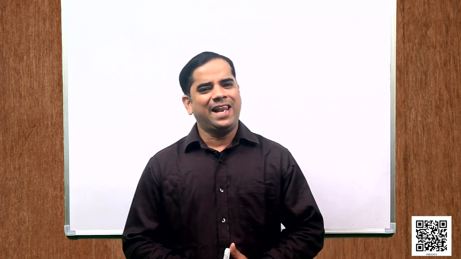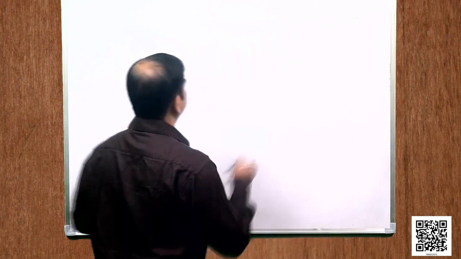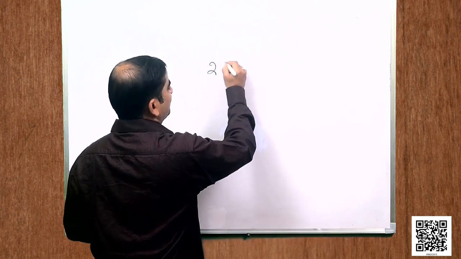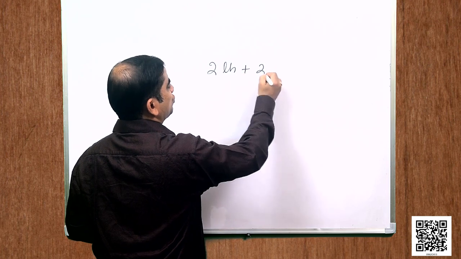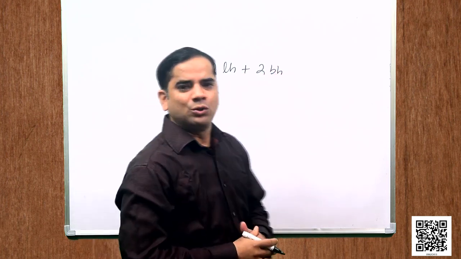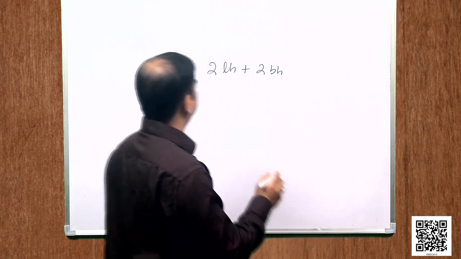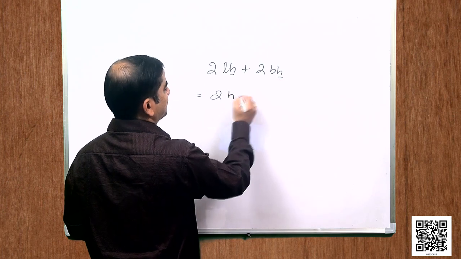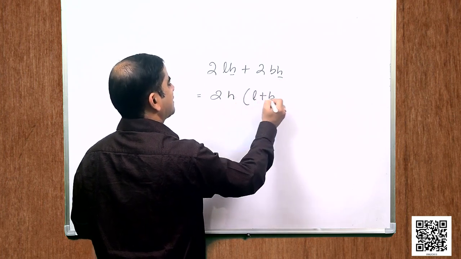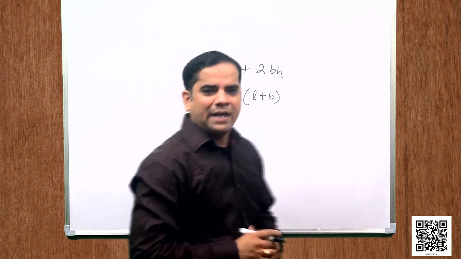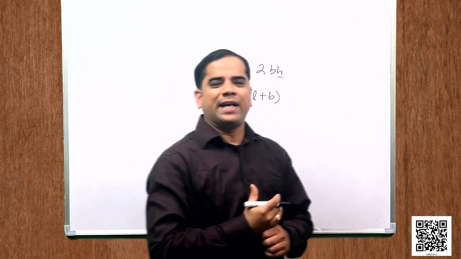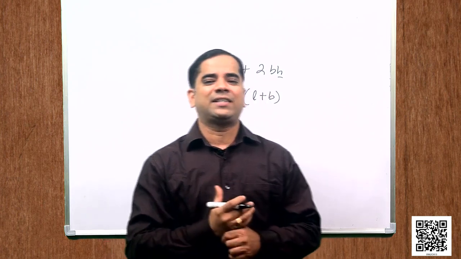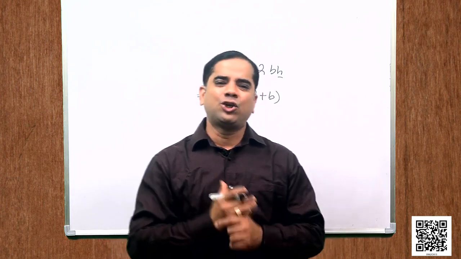So, lateral surface area of a cuboid of length L, breadth B and height H is equal to 2LH plus 2BH, that is, when I take H as common, 2H into L plus B. So, by following this formula, we can find out the lateral surface area of a cuboid.